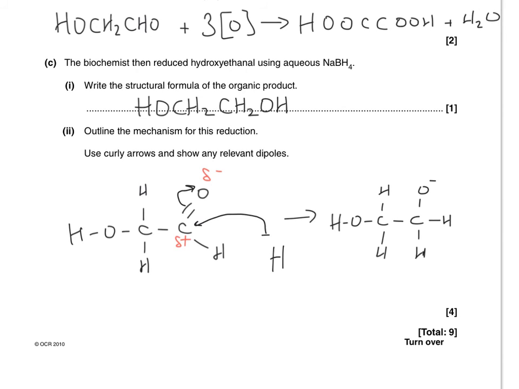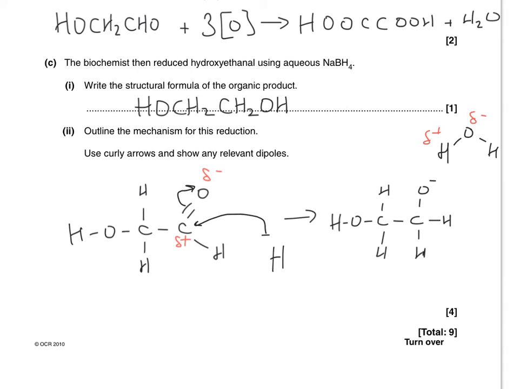So that would generate this intermediate here, and we've got O minus, where this electron pair has been repelled onto the oxygen, and we've got the new hydrogen here, which has obviously been produced from this pair of electrons here.